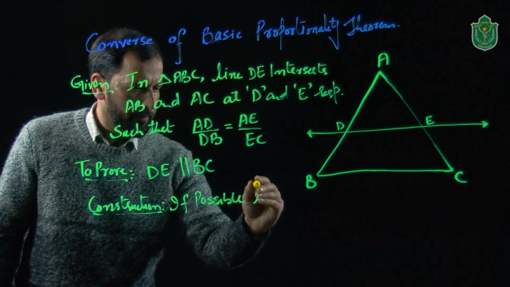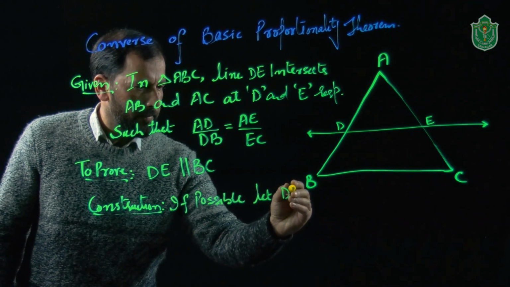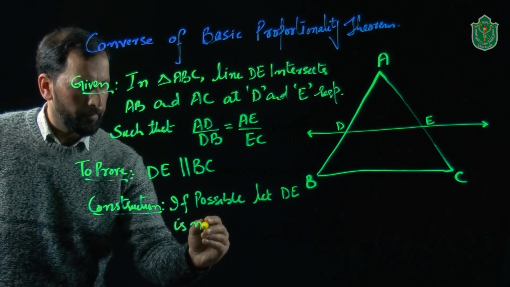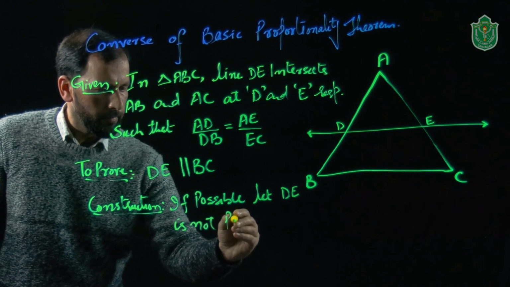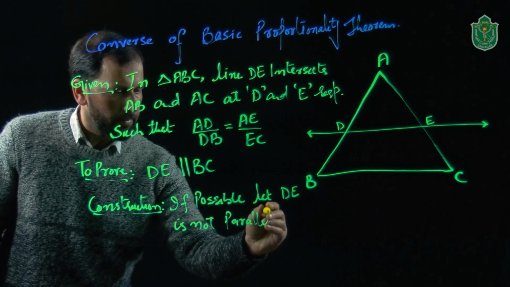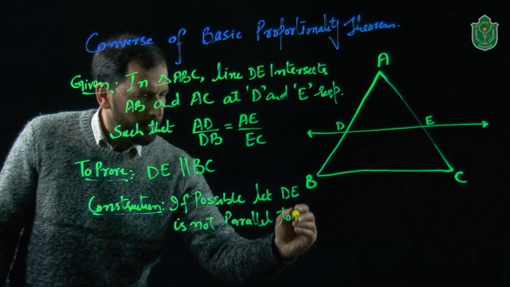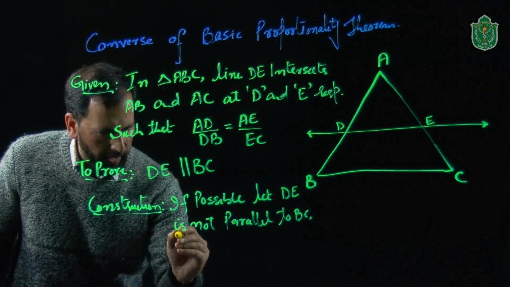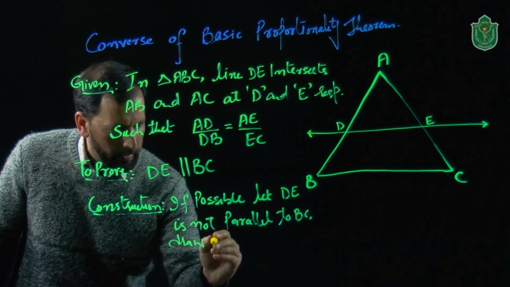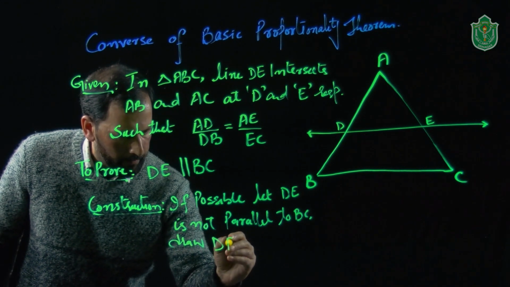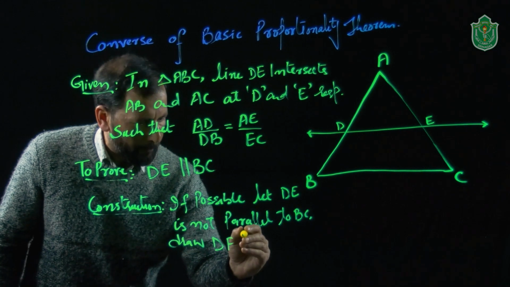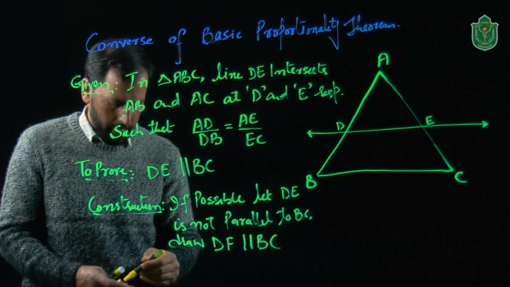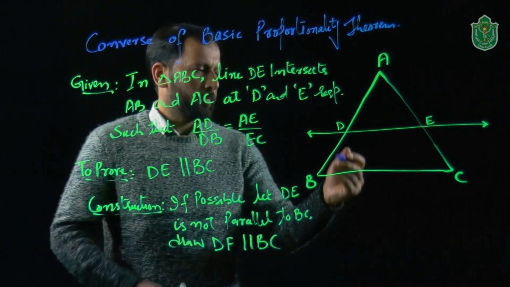Then draw another line, DF, a line DF parallel to BC, like this.